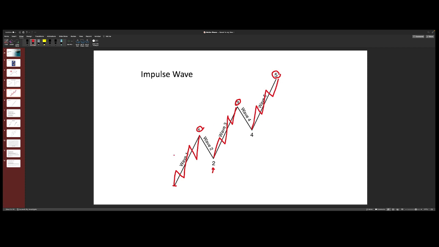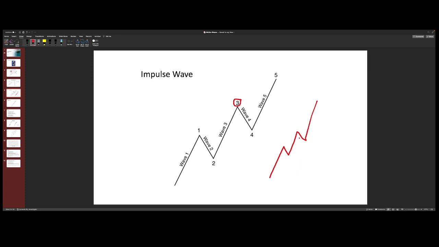And when we compare these three, the rule says wave 3 is never the shortest. If it's the shortest, then we'll have something along these lines, and if you have an impulse looking like this, where wave 3 is the shortest, then that would be invalid.